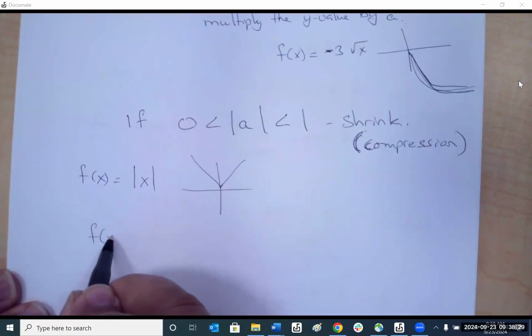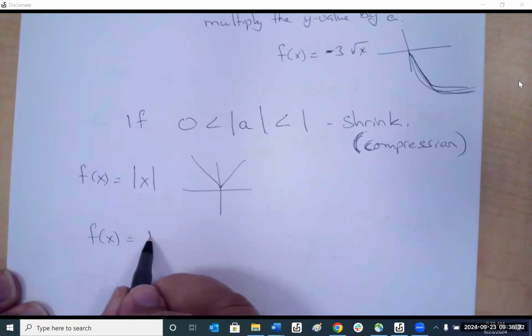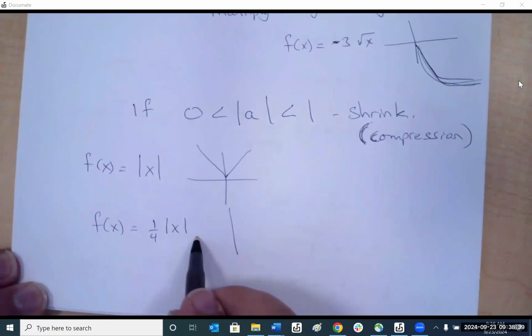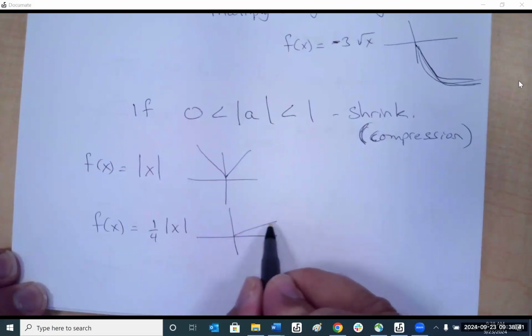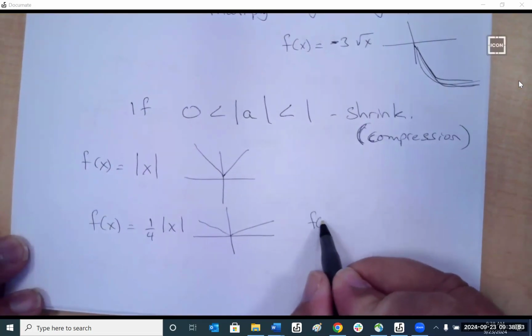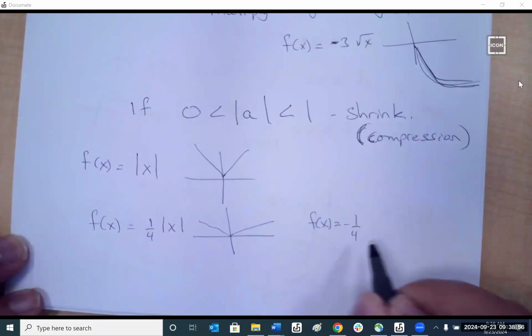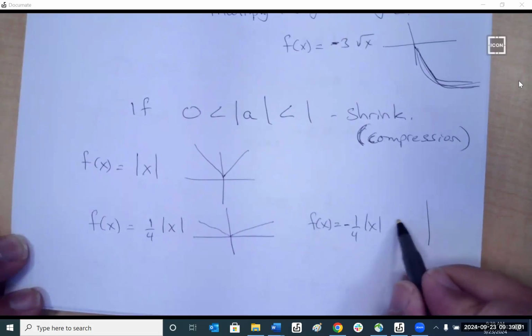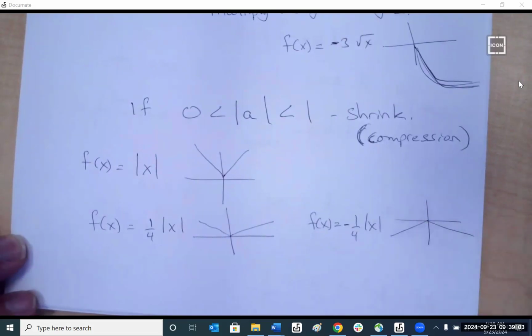If I had f of X equals 1/4 absolute value of X, it'd be 1/4 that size. You push it down 4 times. If I had f of x equals negative 1/4, then it would look like this. It's going down.